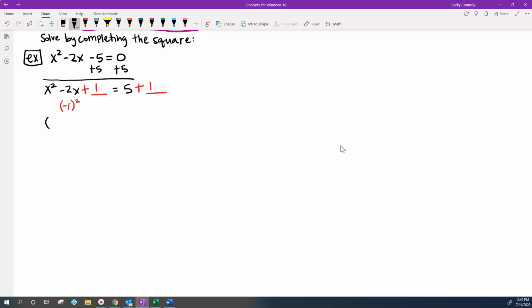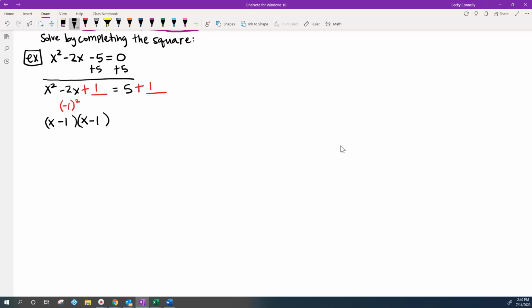Remember, this will factor, and you don't always have to take this step, but I just want to make sure everybody is seeing what we're doing. If we're trying to factor x squared minus 2x plus 1, it's going to be x minus 1 times x minus 1.